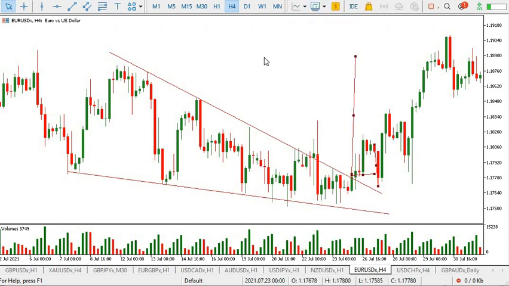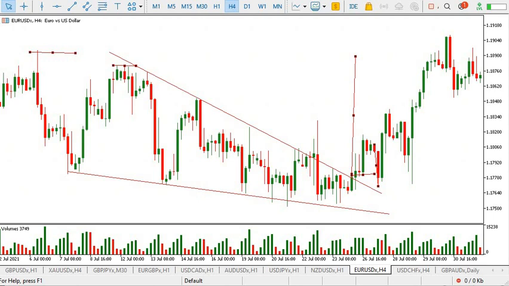Then lastly, we can target the previous highs too on the chart. So that is how falling wedge and rising wedge work in the market.